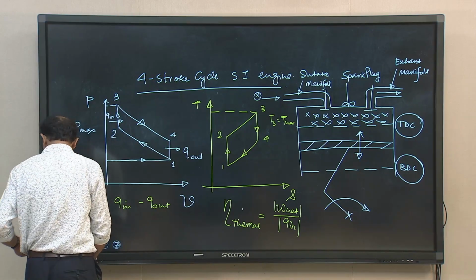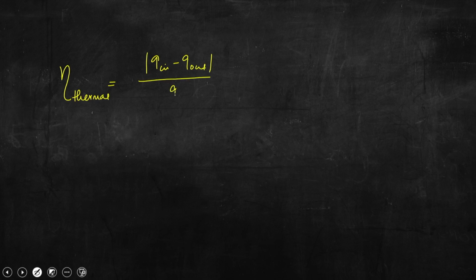If we write this expression on the next page, then thermal efficiency equals Q in minus Q out divided by Q in. So, basically you will be getting 1 minus Q out by Q in. We are taking only the magnitude, not the direction.